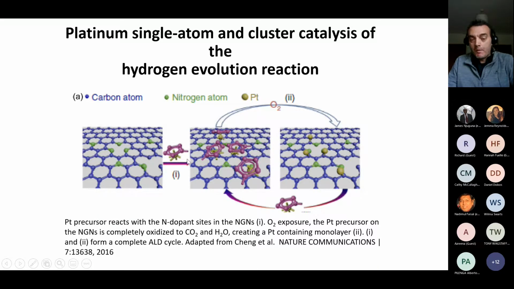This is the group Cheng et al., published in Nature Communications 2016, where they introduce a platinum precursor and then form the single atom cluster, on the right-hand side, through a particular reaction with oxygen exposure.